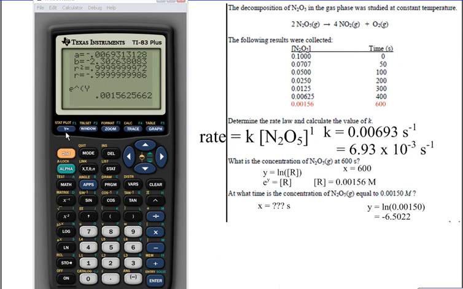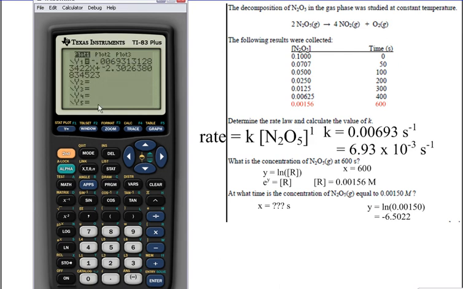So if I have a y equals, well, there's a y equals button right here. Let's put something in that. So the second one on here, y equals, so let's put this value in here. Let's put ln 0.00150.